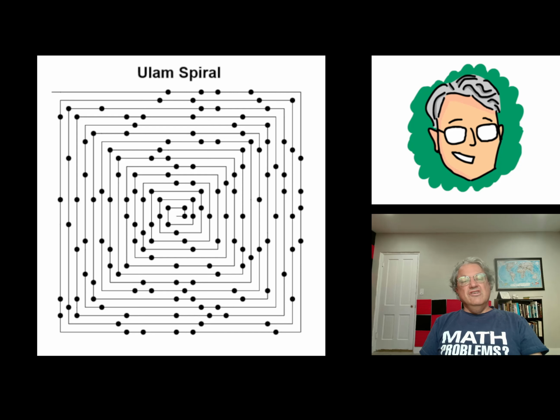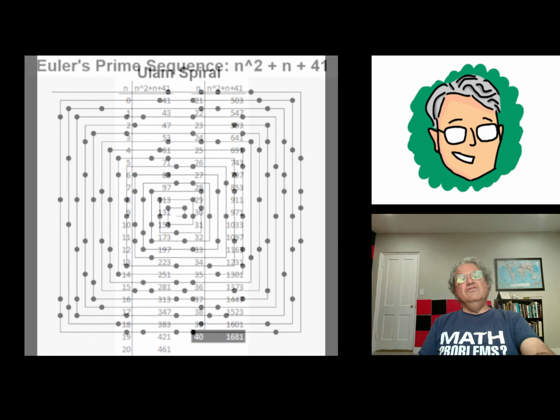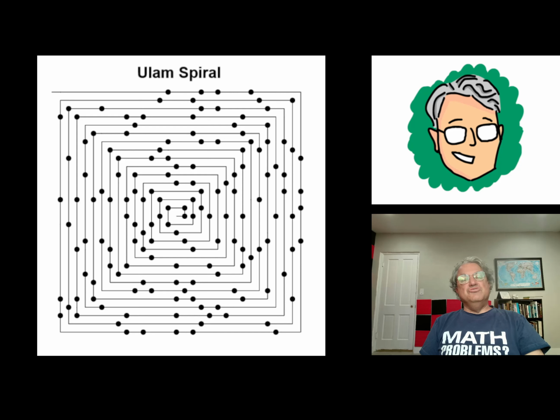And it turned out, he didn't expect this at all, that the primes seem to be congregated along these diagonal lines. And nobody expected this. And this is actually the same phenomenon as this Euler sequence. The Euler sequence is actually one of these diagonal lines. I'm not sure which one. But it's the same reason.